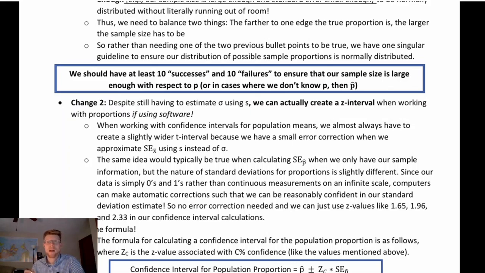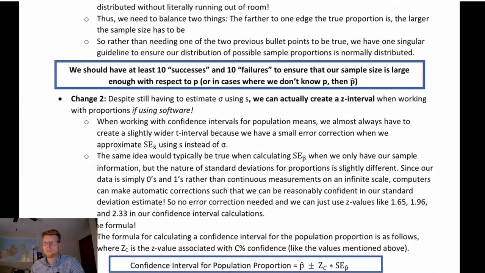That error correction, usually what happens is software will slightly estimate our S value up. There are some corrections that are commonly baked into software calculations to work with that. So we just aren't going to get into t intervals. We're not going to get into the mathematics of the error correction here. We're just going to be using a z interval without worrying about this when we work with proportions.